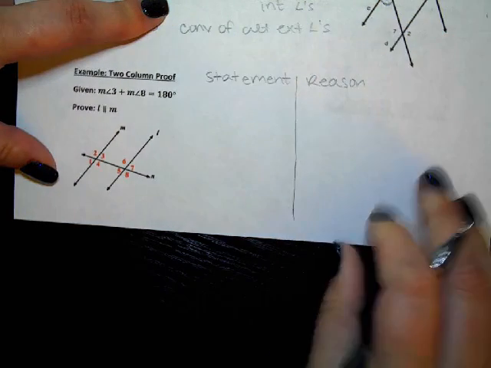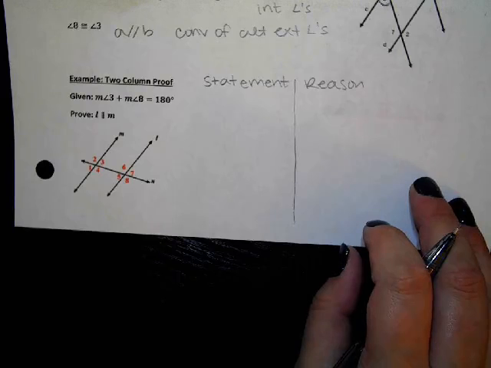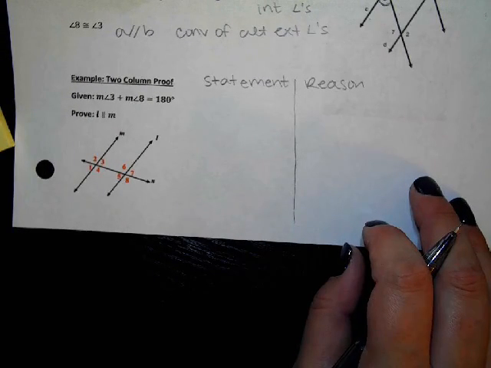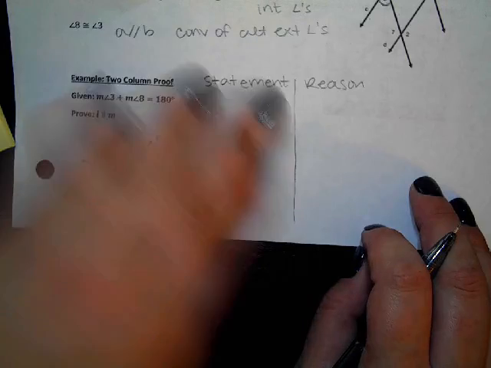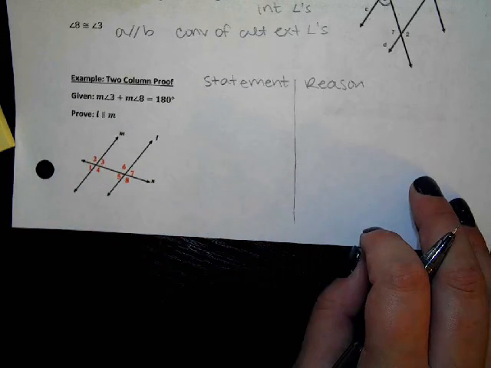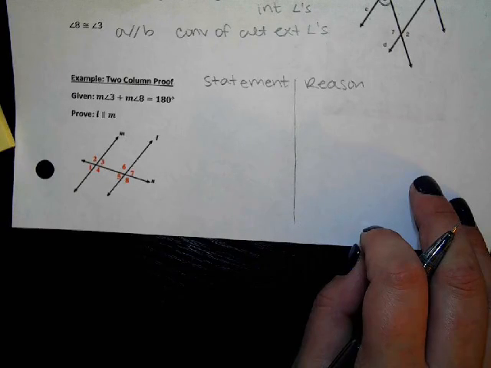Now, two-column proofs, a lot of students are like, Miss Rice, when are we ever going to do this? And the answer is the two-column proof as it's laid out, probably not. But the level of thinking that you do in a two-column proof is actually probably one of the most applicable things from math to the real world as far as arguments and line of thinking and directly applying math.